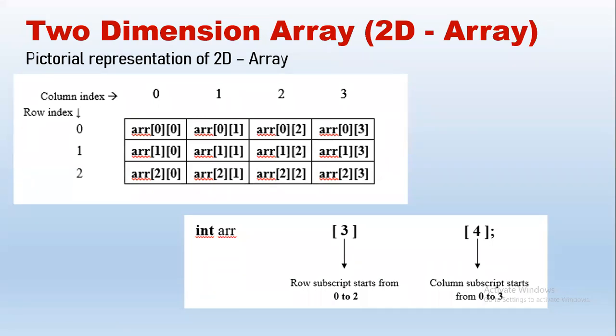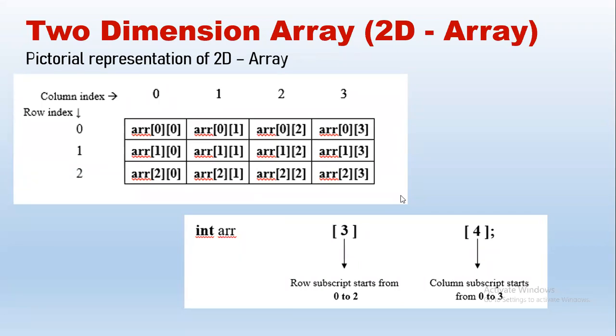Yes. Tell me. Please mute your audio or lower the volume behind you and tell me how to declare this array. We have 3 rows and 4 columns and all are integers, right? How to declare this?